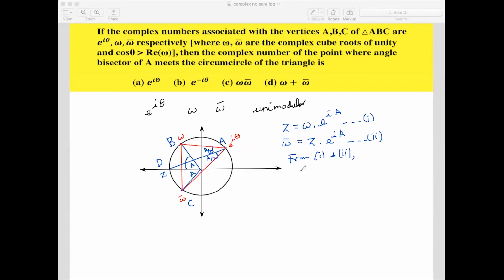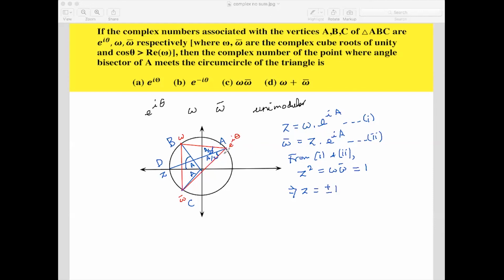We can say that z square will be omega bar. And here in this case, what is omega bar? It's nothing but omega cube, and that is 1. So from here, we get z should be equal to plus minus 1.